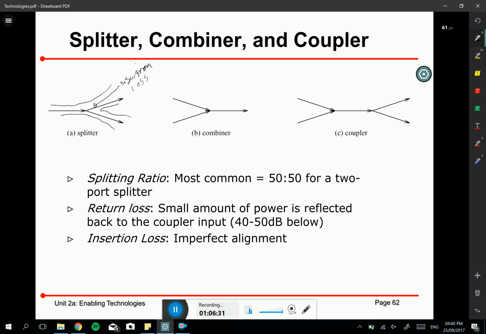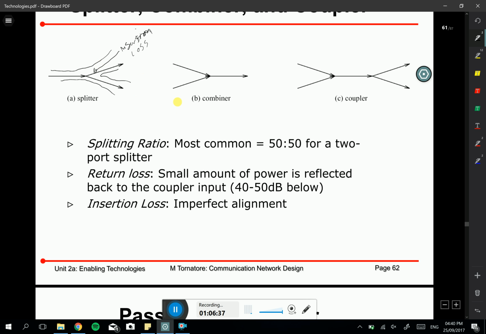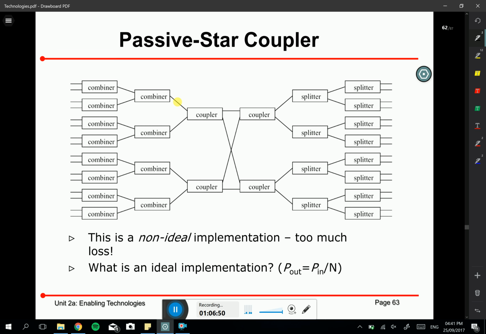It is quite intuitive to realize that if I put couplers iteratively one close to the other, I can basically have a coupler as big as I want. See this example here. 16 by 16. I have 16 inputs from lambda 1 to lambda 16 here.